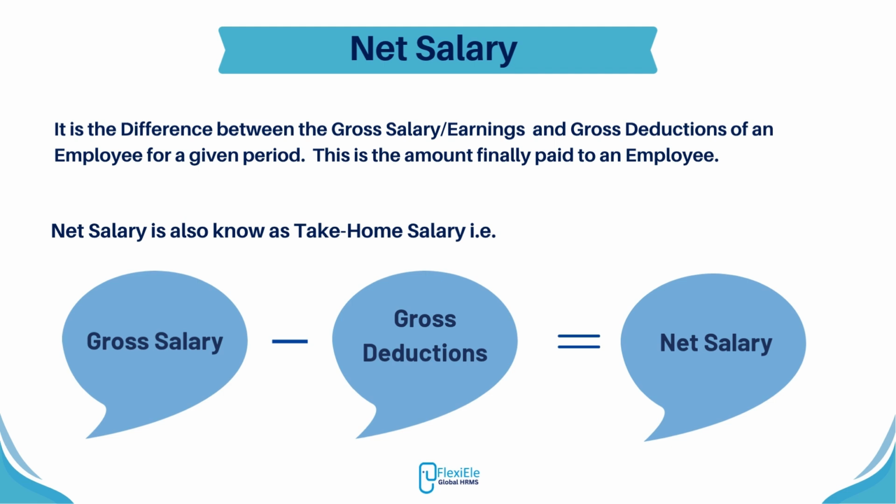First, there are the gross deductions like taxes, provident fund contribution, professional tax, and maybe a health insurance premium. These deductions aren't random. They go towards your future, your benefits, or your compliance with law. What's left after all that is net salary, also known as take home pay.